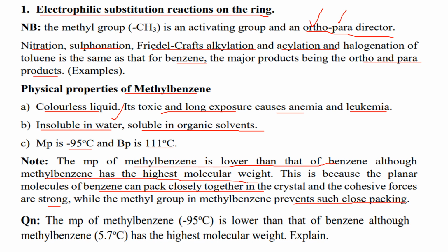So benzene has molecules that are more closely packed. Therefore, to melt, it's going to require a higher amount of energy in form of heat compared to methylbenzene, where the methyl group prevents the different molecules of methylbenzene from closely packing together, hence lowering its melting point.